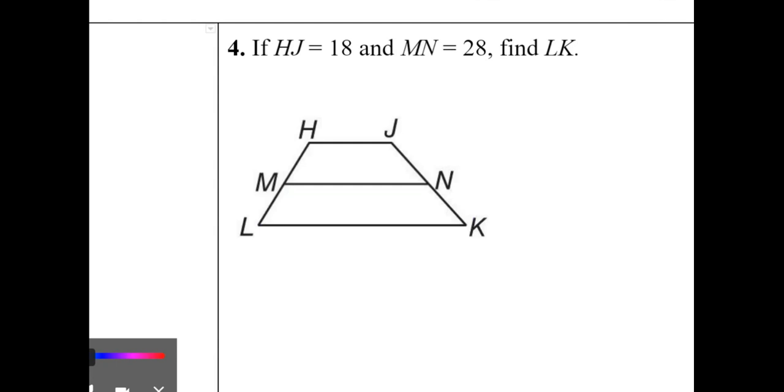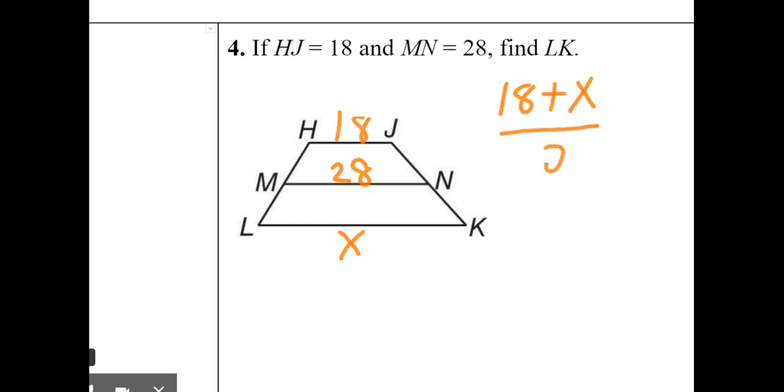All right, here I am on number 4. If HJ is 18 and MN is 28, find LK. So lots of ways you can do this one. You can do the formula. You can do 18 plus, I'm just going to call this x down here. We know that 18 plus x divided by 2 is equal to 28, right?